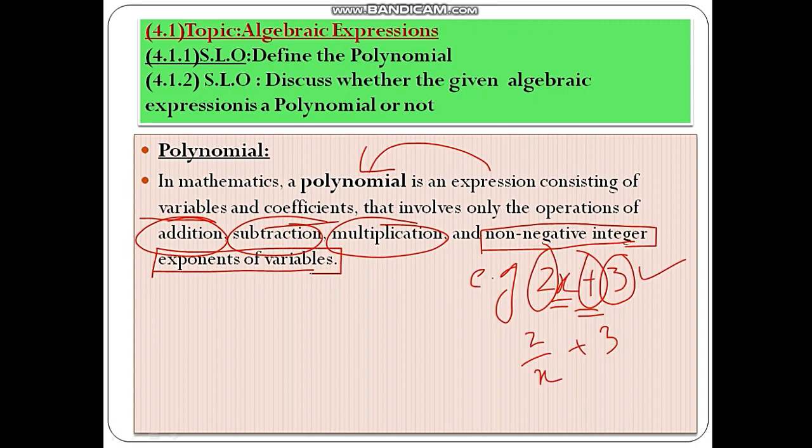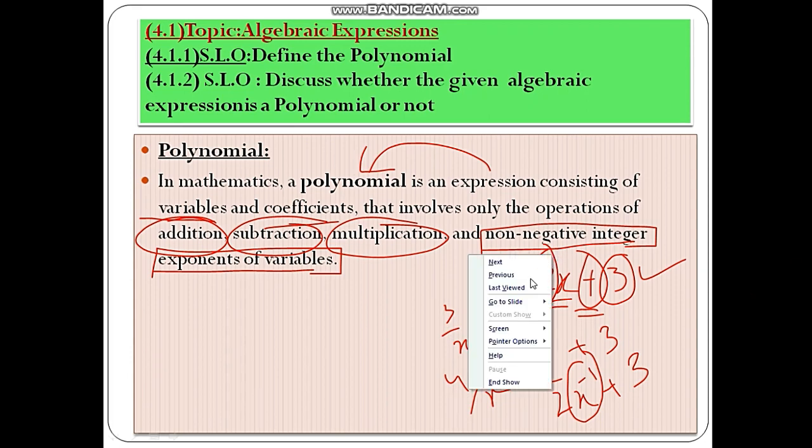So 2x raised to power minus 1 plus 3 will not be a polynomial if the variable has a negative power or the variable is in the denominator, like 2 by x, 3 by x, 4 by x. So this will not be a polynomial.